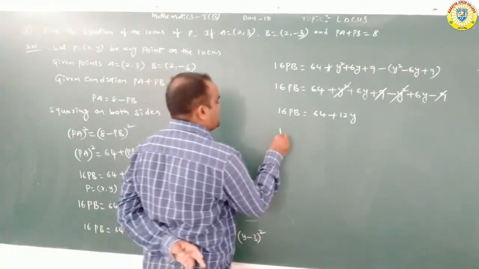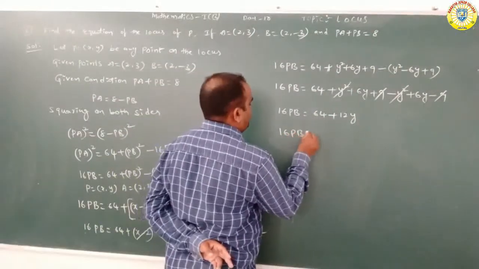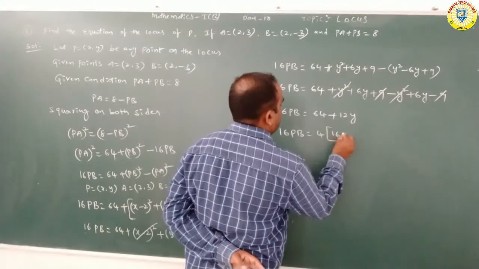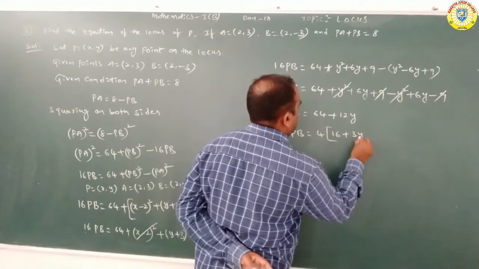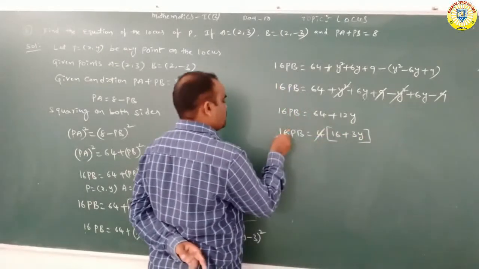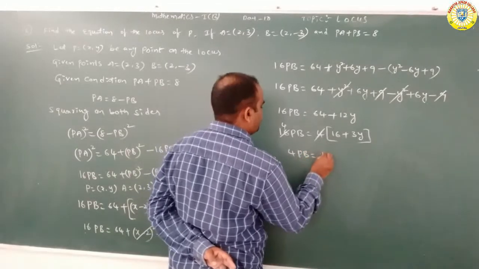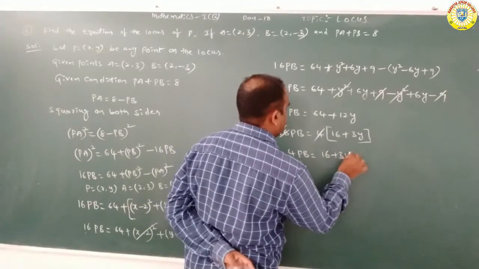So here 16 PB is equal to, taking 4 common, 4 times 16 plus 3y. 4 1 is the 4, 4 4 is. Here 4 PB is equal to 16 plus 3y.